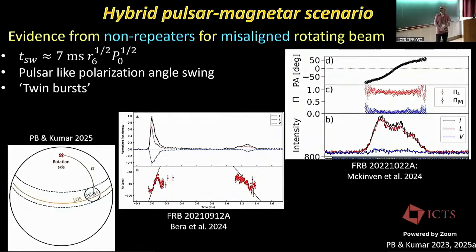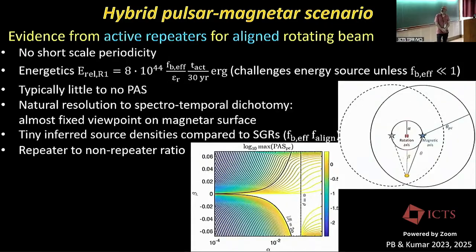For the polarization angle swing that we saw in non-repeaters, this becomes now a natural thing as you're sweeping across the line of sight. Also, the time scale works out very naturally with the typical periods that we think are relevant for magnetars. It also explains those twin bursts that we heard about earlier this week in the talk by Bera, where it can be just coming into and out of the cone of the polar cap. And when it comes to repeaters, it does a whole list of things for us.